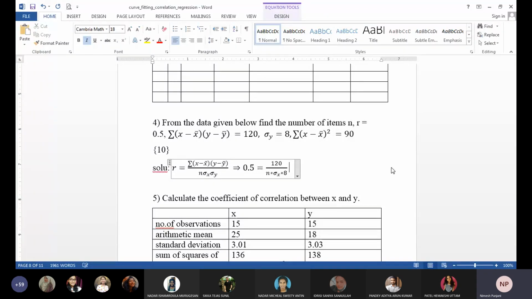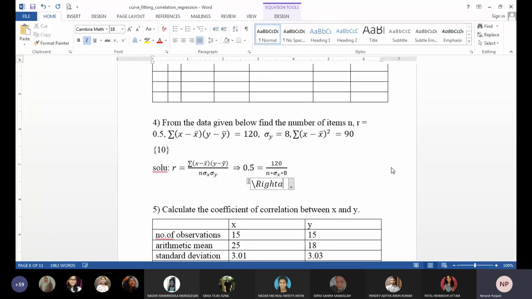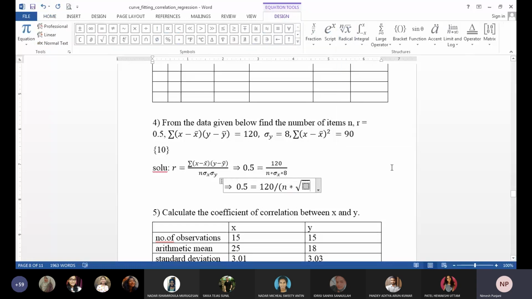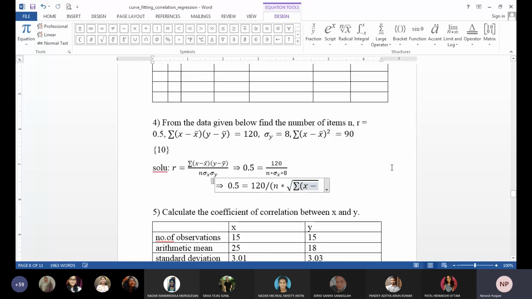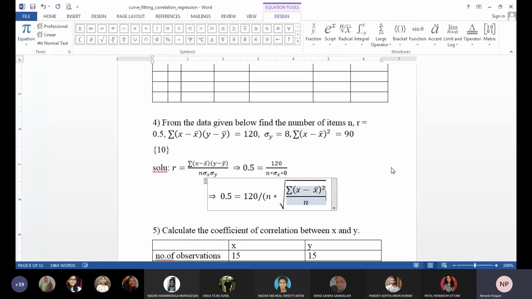So what does this imply? 0.5 is equal to 120 divided by n multiplied by the formula of sigma x, which is square root of summation (x minus x bar) whole square divided by n, multiplied by 8.